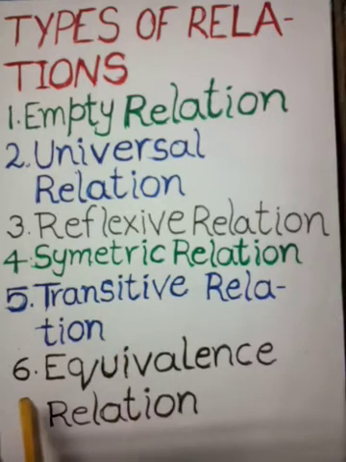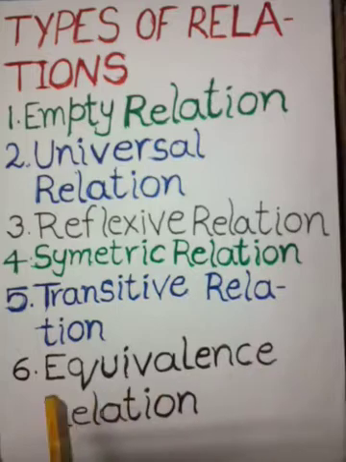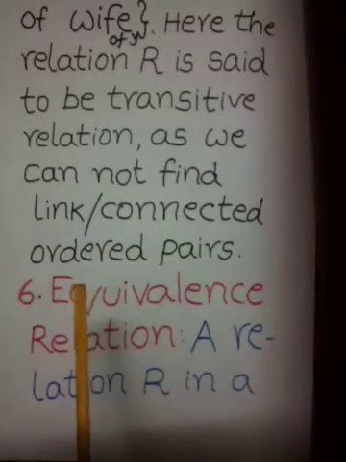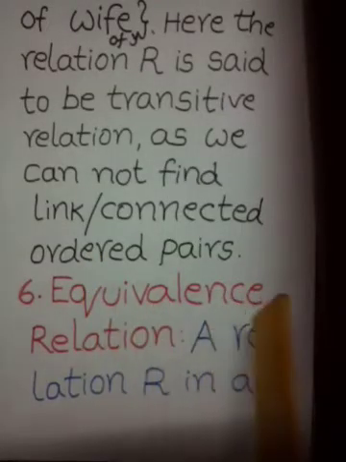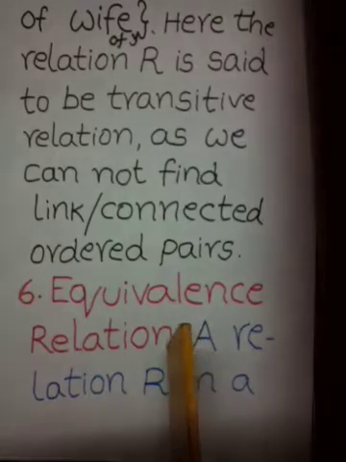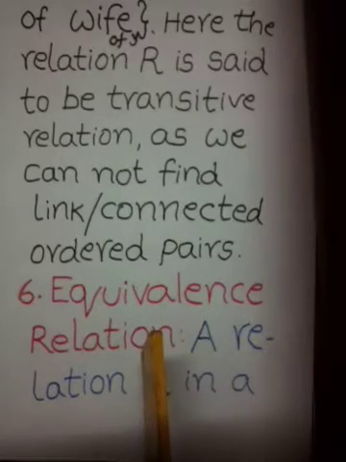Now we are going to discuss this last type of relation, that is equivalence relation. Okay, my dear children. Now we define the equivalence relation. What is meant by equivalence relation? What is the definition of equivalence relation?